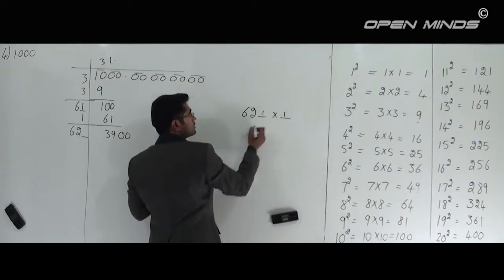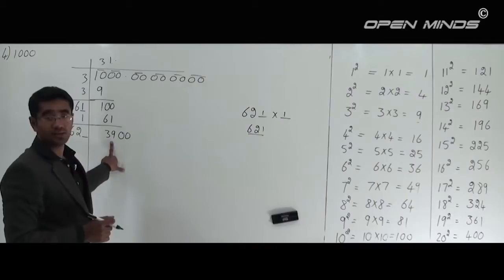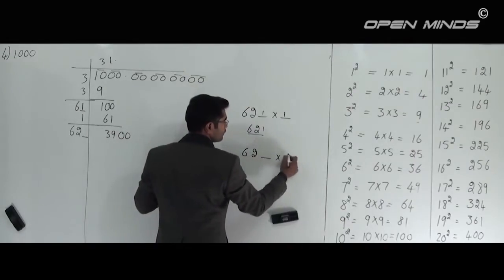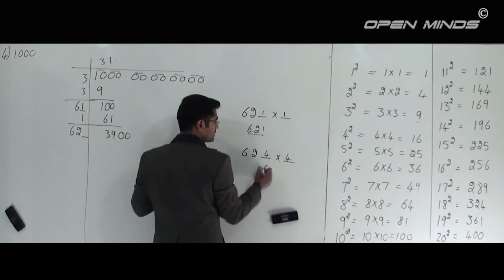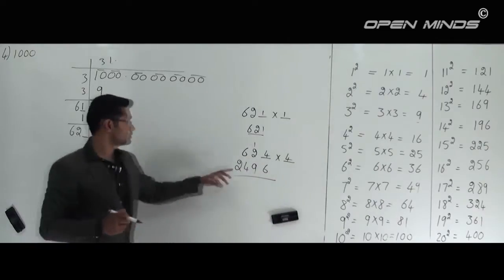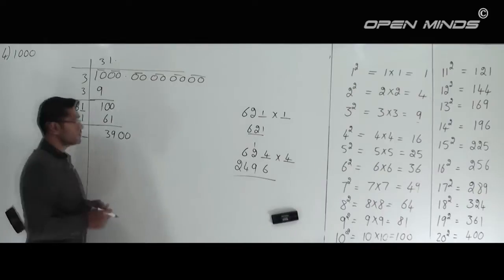If I fill in 1, 1 is 621, which is very small compared to 3900. So can we think of, let's say, 4? 4 times 4 is 16, and so on, that is 2004, 496, which is again very small compared to this. Can I go with a higher number?